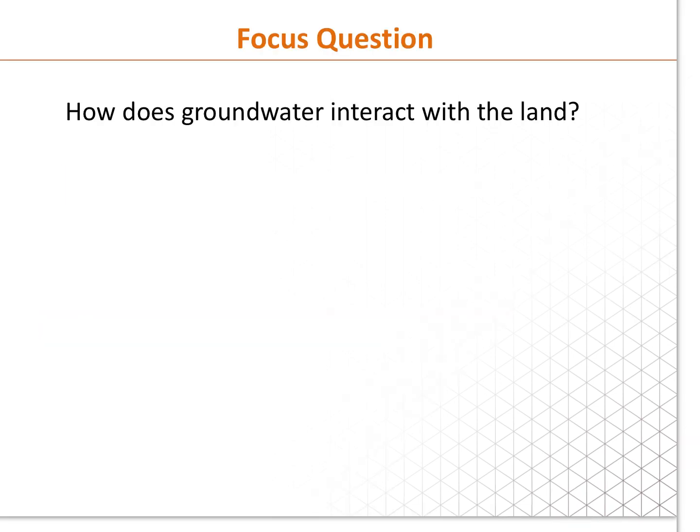All right, so the focus question here, how does groundwater interact with the land? We've talked about this in a couple different aspects, right? So we have springs, we have streams and rivers where the groundwater now seeps out. We've also talked about the wetlands, and the fact that if the water table sits really high, right, we can have a moist area.